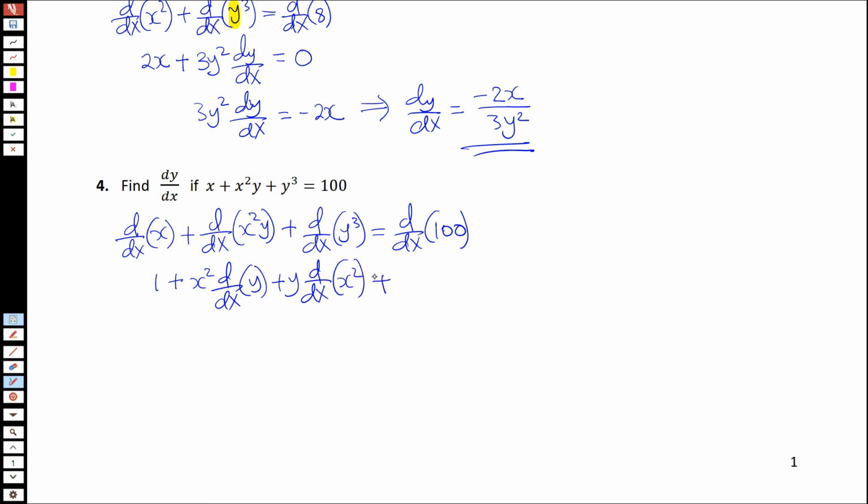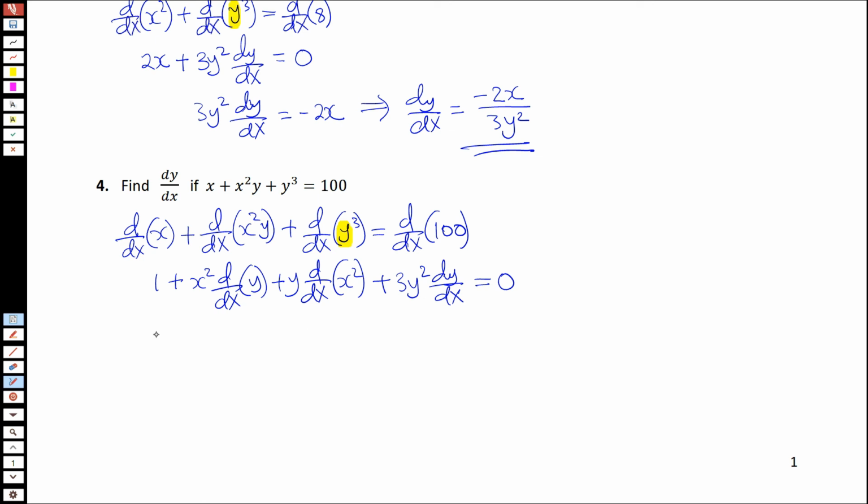And then for this case here, we have a function inside another function. We can apply chain rule. So that will be 3y squared. Derivative of y is just dy over dx. And that will be equal to 0.